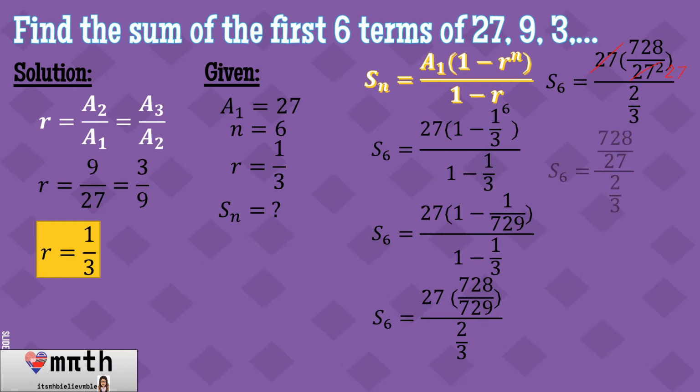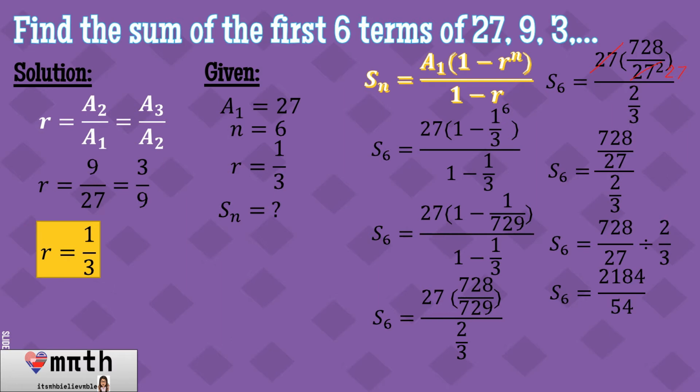So that will be equal to 728 over 27 divided by 2 over 3. If we get the value of that, that would be equal to 2,184 over 54.